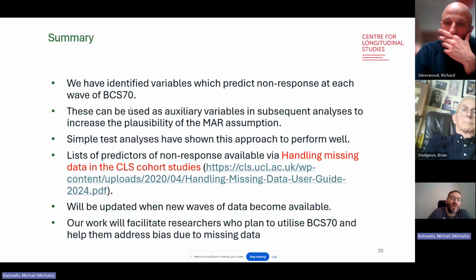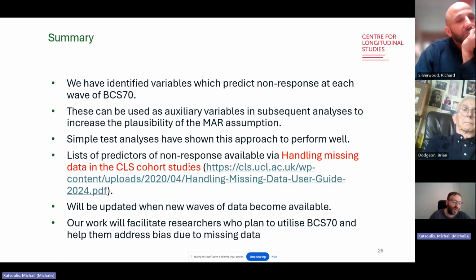So, in summary, we have identified these variables which predict the non-response at each wave of BCS70. We mentioned that these variables can be used as auxiliary variables in subsequent analysis to include the possibility of the missingness at random assumption. All this list of predictors of non-response can be found online, so you don't have, of course, to do this process from scratch.